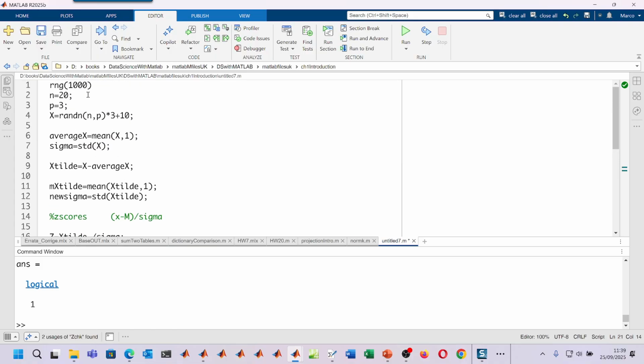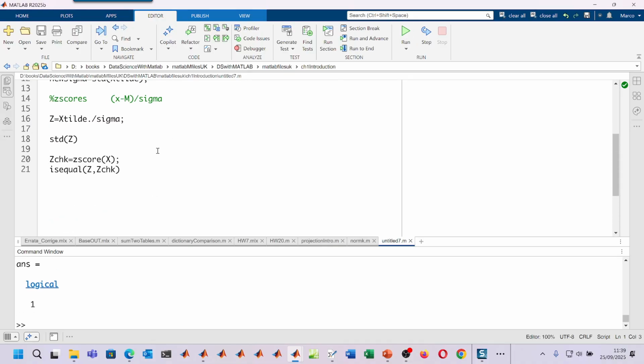Okay, now let us maybe put bigger numbers. Yes, it works all the same. Right, let me remove. The precision is incredible. Okay, they are exactly the same.